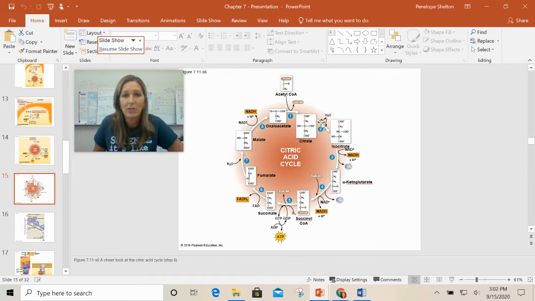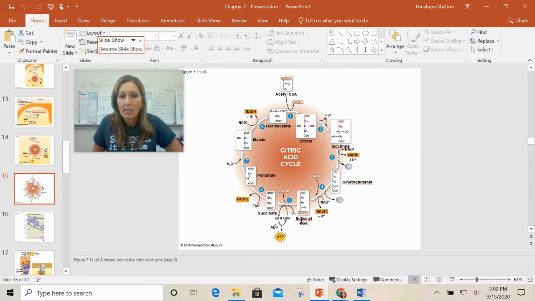You do not need to know any of these intermediates, but what you do need to know is we are continuing to get rid of those carbons and oxygens, and this is where I'm seeing my carbon dioxide come off. As carbon dioxide is coming off and being produced, I am getting more electrons and protons in the form of NADH.